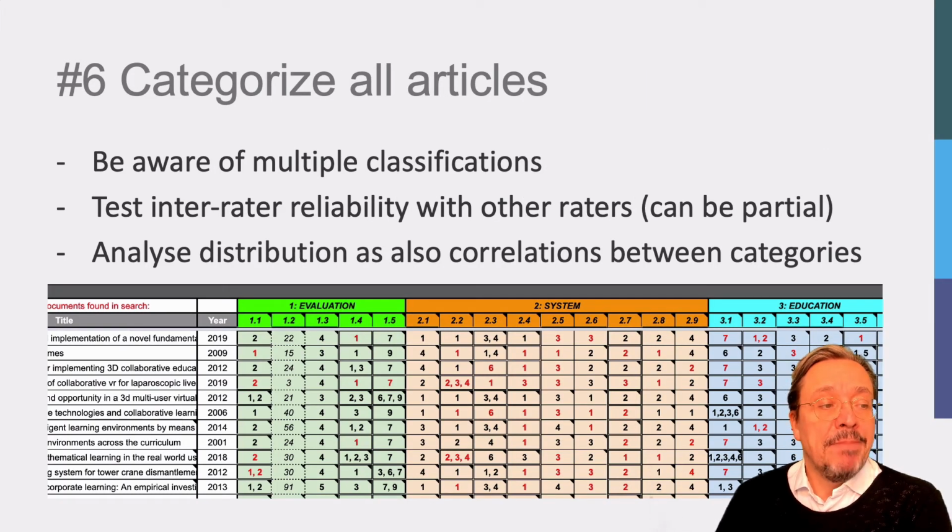So basically, taking this categorization system or this taxonomy, you have to classify all your documents according to these categories. Sometimes you have to work with multiple classifications, but that's a different issue.